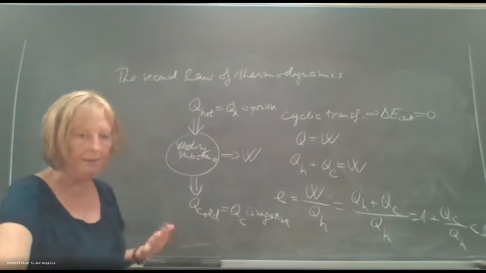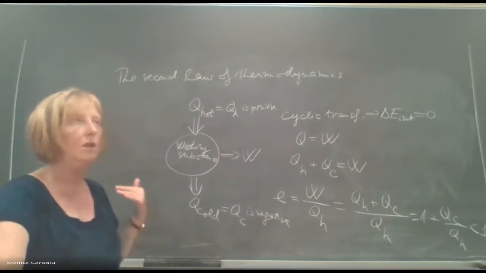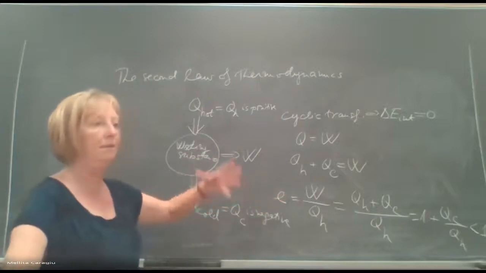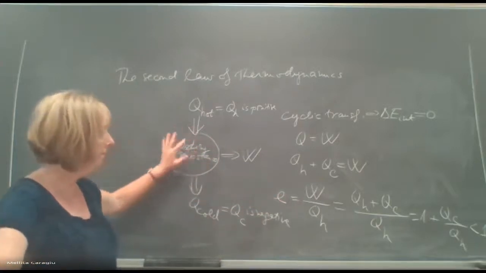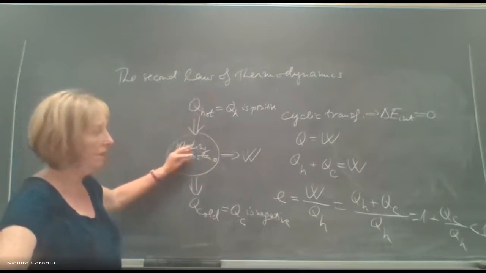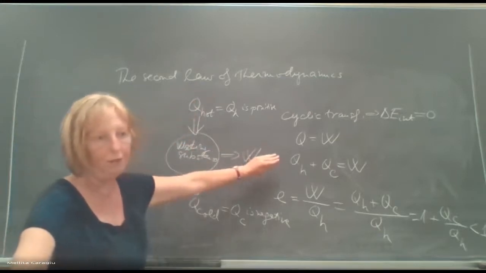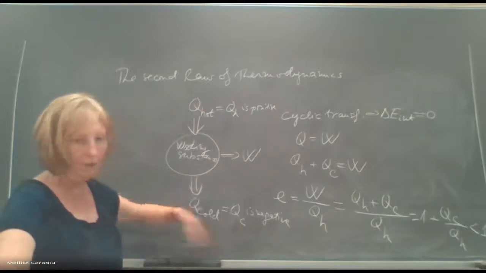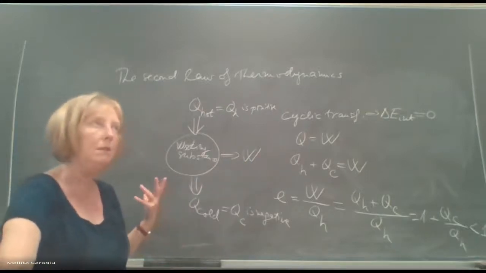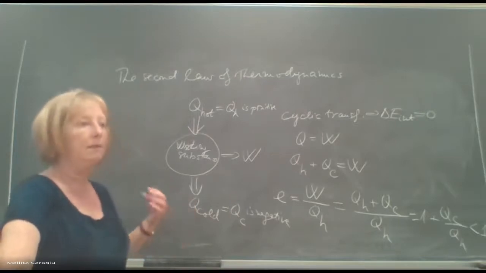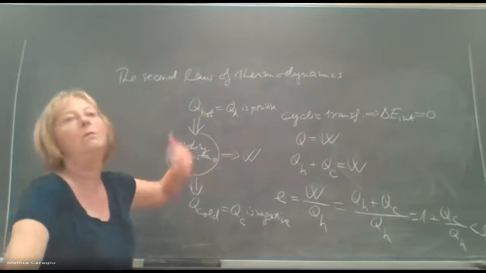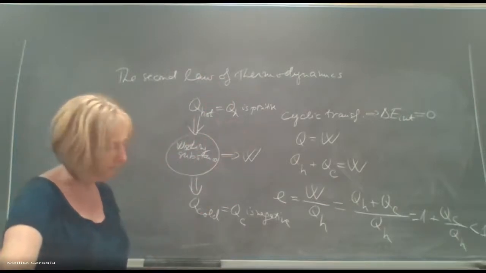But the reality is that it has such deep implications, this idea that you can never have a cyclic transformation in which Q hot is entirely transformed into work and basically Q cold is 0. So it has such important outcomes that this statement has been made into the second law of thermodynamics.